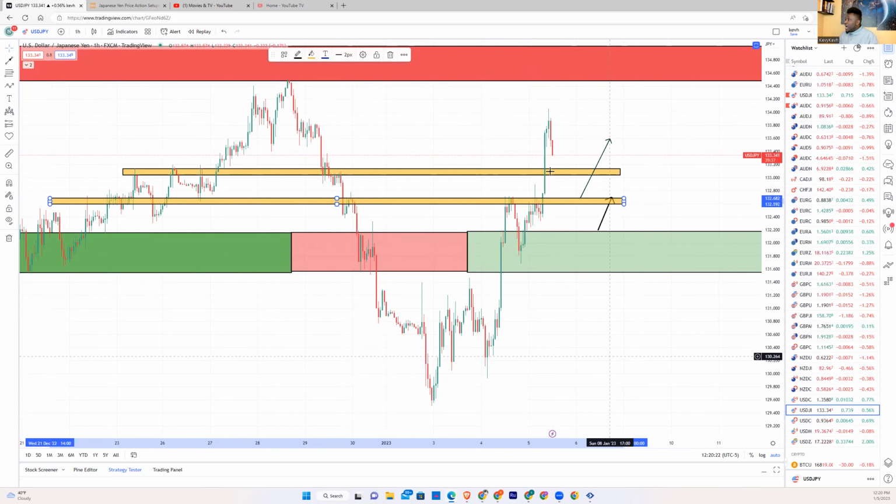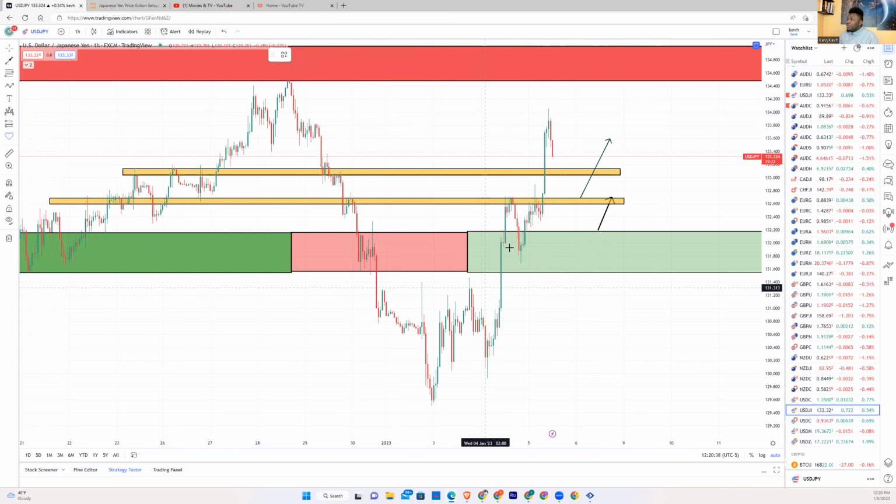We are searching for a buy, which means if you're getting into a sell now, you could hit your TP1 here, TP2, and then wait for this market to bounce back up. So pretty much that's how I look at this.